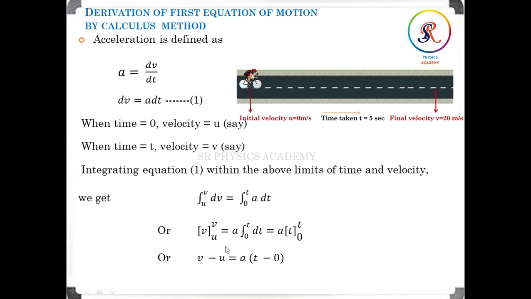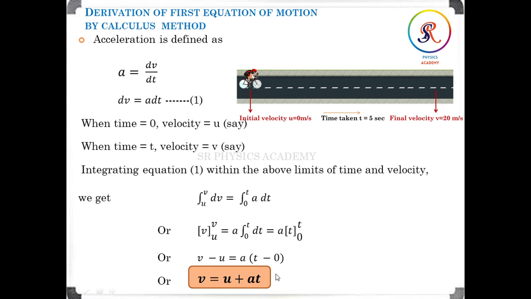After that, if we do the integration, applying the limits we get V minus U equal to a into t minus 0. So V minus U equal to at, nothing but V equal to U plus AT.